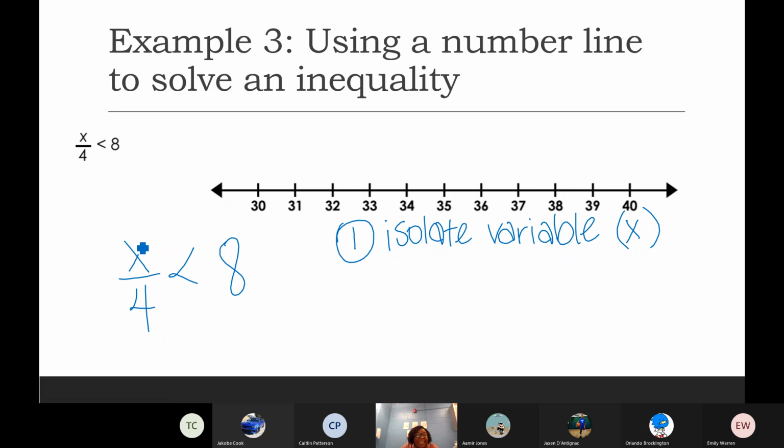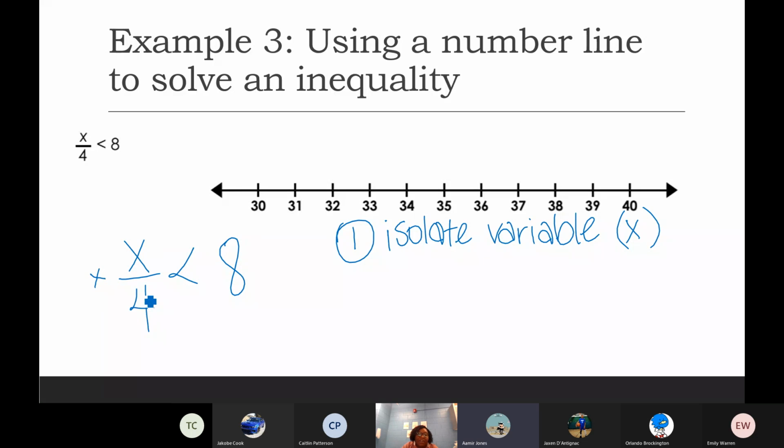So we're going to isolate our variable. Anytime I see that fraction bar, it's telling me that X is being divided by 4. So what I have to find out is, what is the opposite operation? What's the opposite of division? Multiplication.